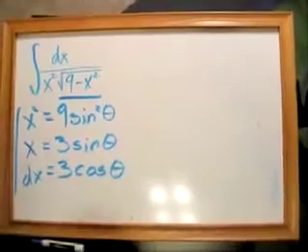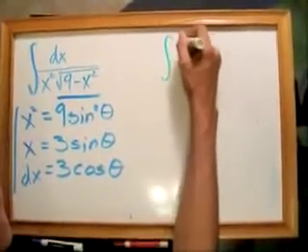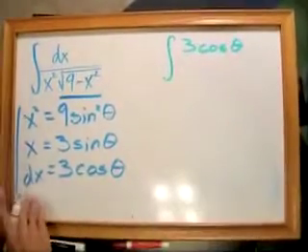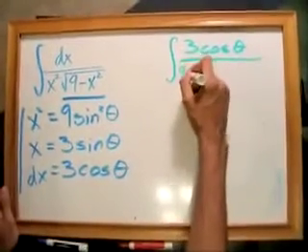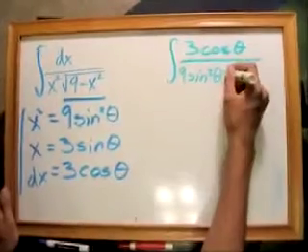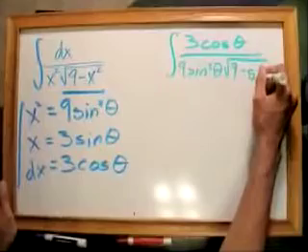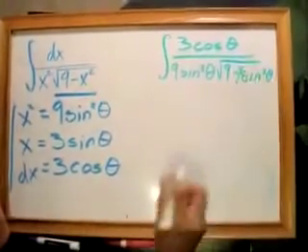So it ends up looking like the integral of 3 cosine theta, that's the dx, over 9 sine squared theta times the square root of 9 minus 9 sine squared theta.